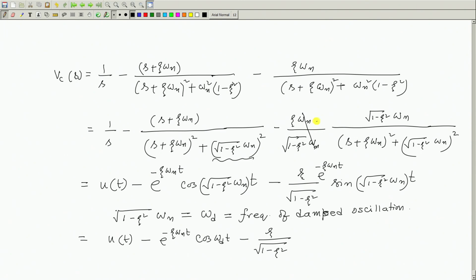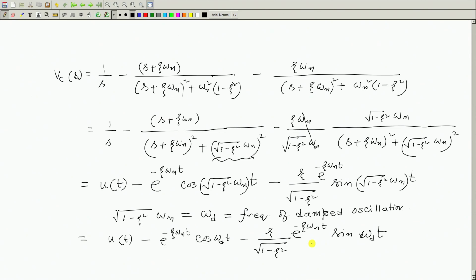I forgot. This was there. So, e to the power minus zeta omega n t sin omega d t, damped frequency of oscillation. This will be the thing. Clear?